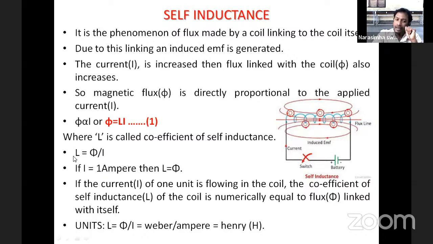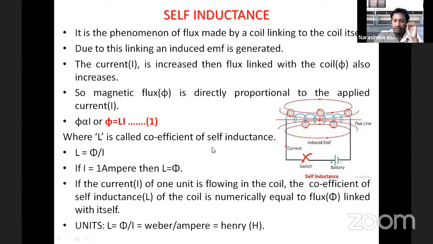Then L is equal to 20, numerically equal to the value of magnetic flux. That depends on the amount of current supplied. So if the current is 1 ampere, whatever magnetic flux is generated is equal to the self-inductance.